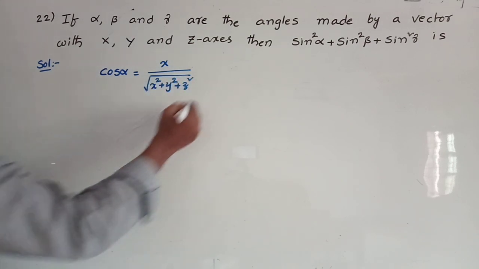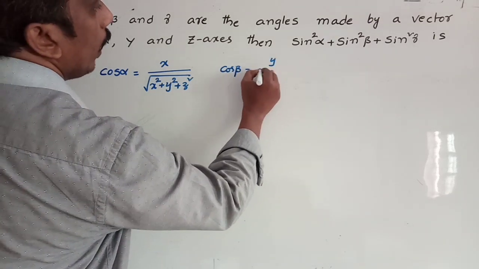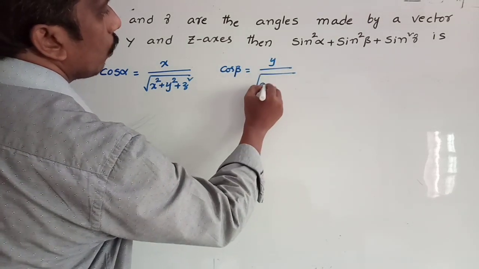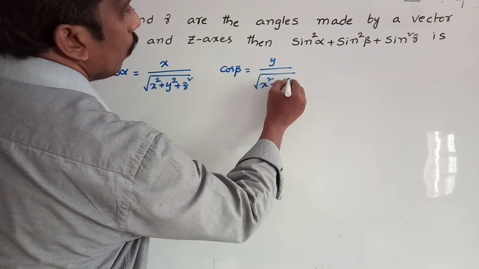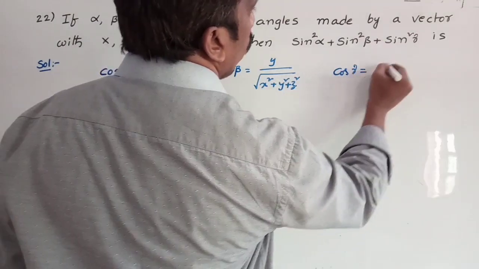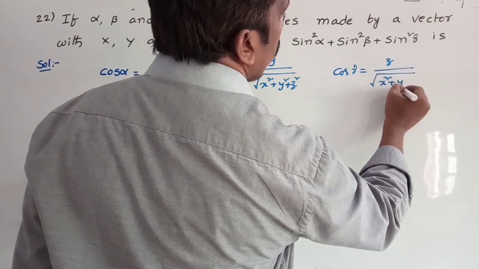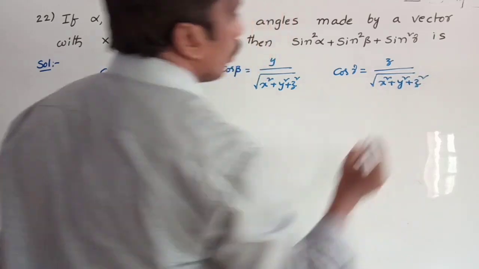Similarly, cos beta is equal to y divided by root of x square plus y square plus z square, and cos gamma is equal to z by root of x square plus y square plus z square.